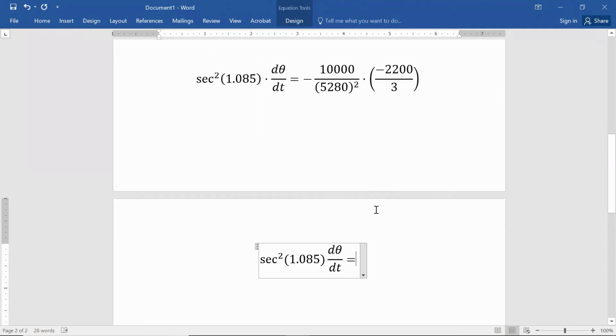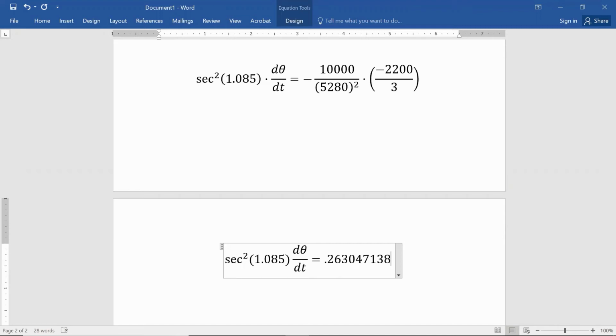It's not a real nice fraction to deal with. So I'm just going to call it right now 0.263047138. And then I'm going to divide it by secant squared.